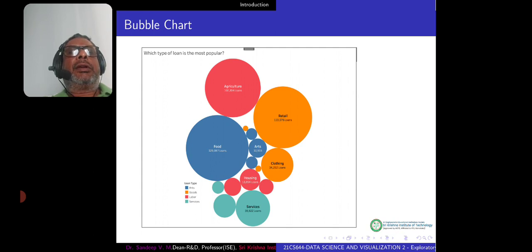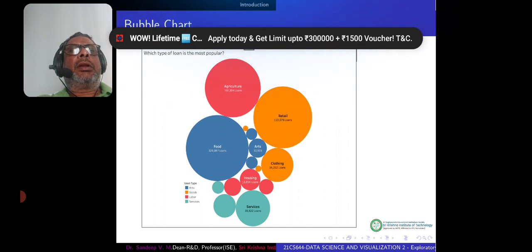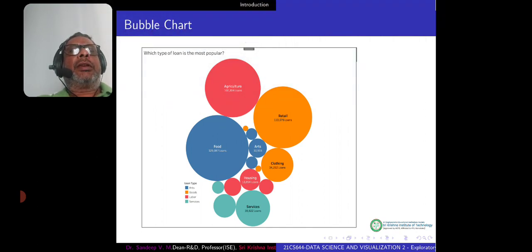So here we are trying to represent four parameter data, three parameters of continuous domain, one parameter of discrete domain together, and they are being shown at different colors for category, and size of the circle for one parameter, position for two more parameters.